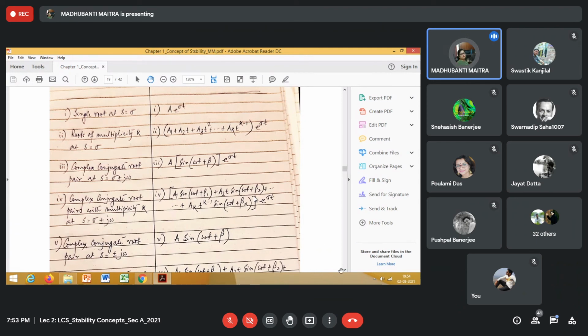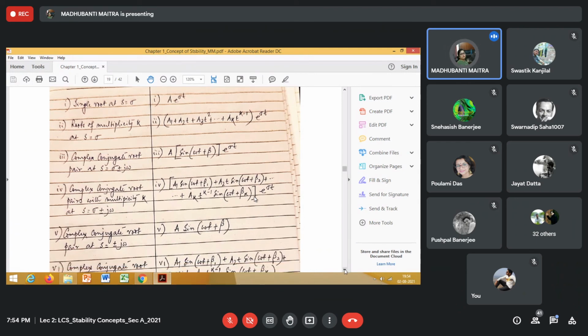Okay. Now, we have considered real roots with multiplicity. We have considered a complex conjugate root pair, and we have also considered complex conjugate root pairs with multiplicity greater than 1. Now, one thing is clear. Suppose we consider a system having a root at s equal to sigma and another two roots at s equal to sigma plus minus j omega.